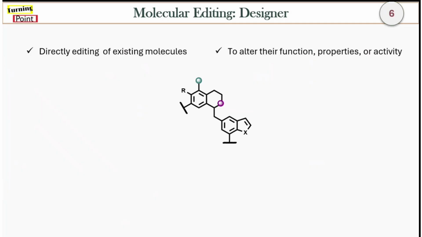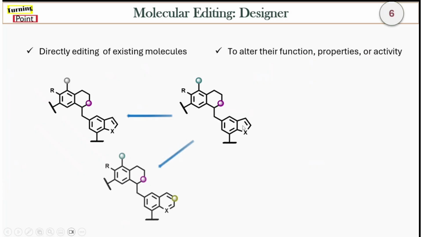Let's suppose this is a complex molecule and this green ball is a functional group, and we want to change only this functional group. We don't want to affect the other portion of the molecule. Or let's suppose that instead of this 5-membered ring, we want a 6-membered ring, or we want to change the position of this functional group, this green ball, from this carbon to this carbon.